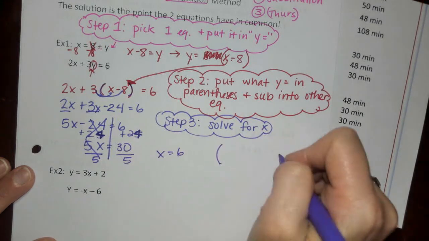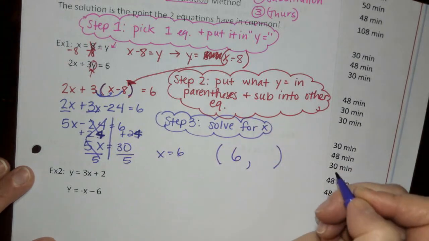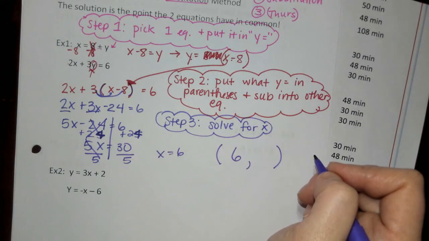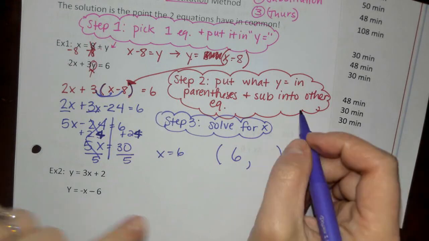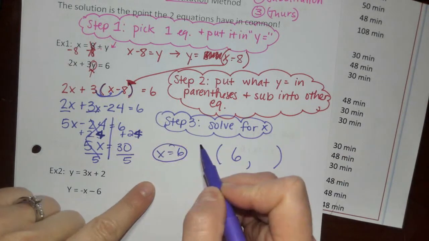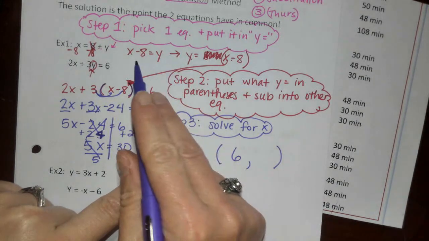Okay, so remember, our solution has to be a coordinate point. So if we know our x is 6, then all we have to do is take this x, which is 6, and plug that back into our original y equals to get the y.